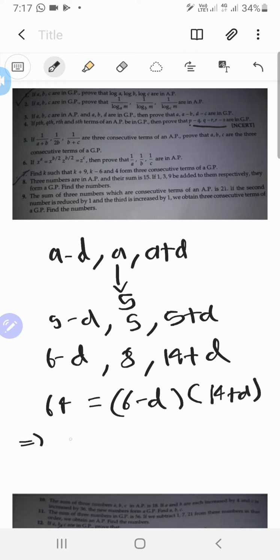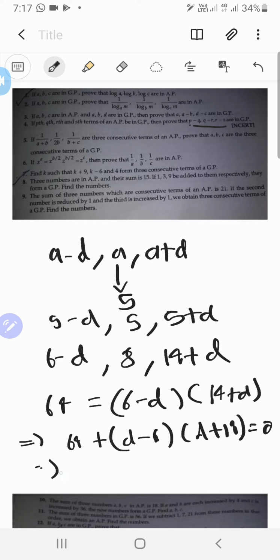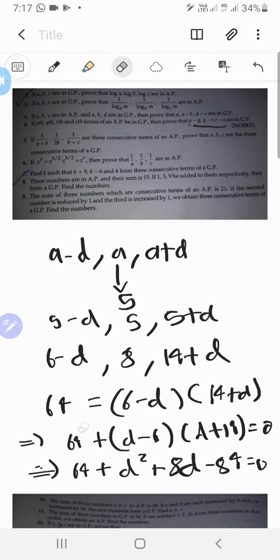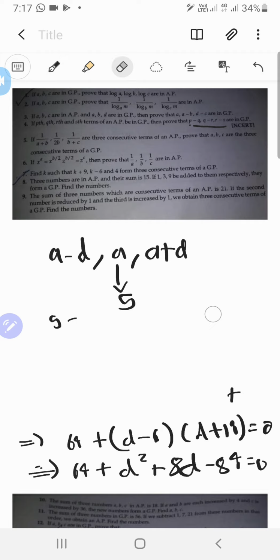So from that we can say that 64 plus d minus 6 into d plus 14 is equal to 0. From that we can say that 64 plus d squared, 14 minus 6 is plus 8d, and then minus 84 is equal to 0. Okay, cool.